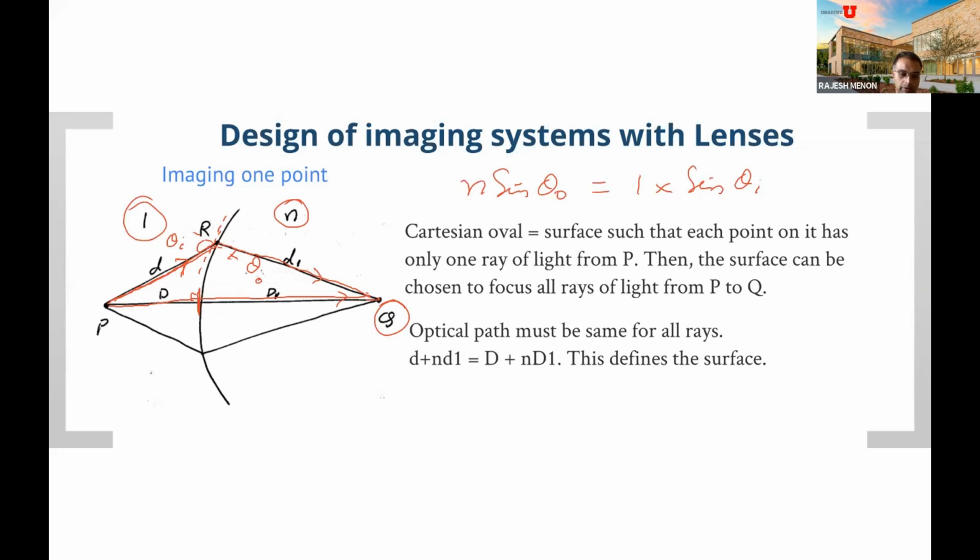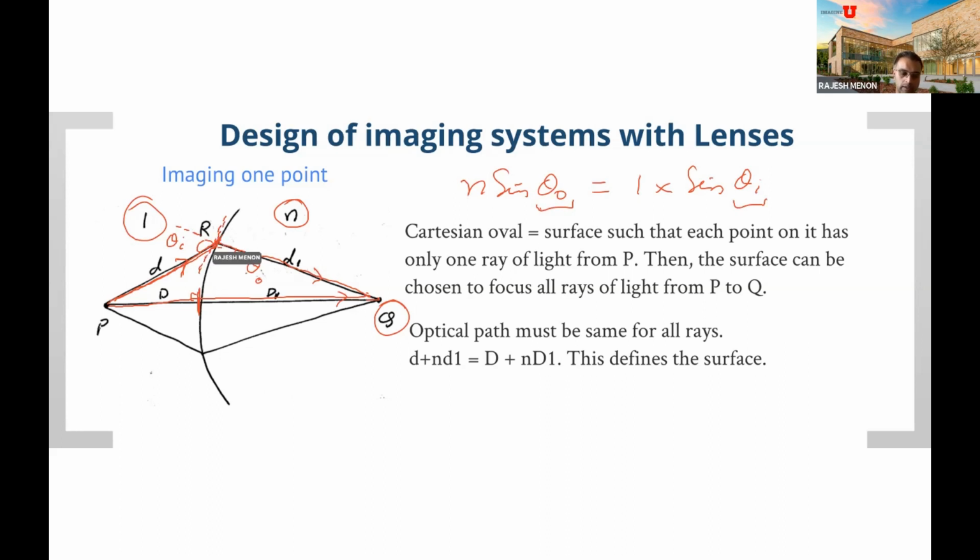Now, from this equation and the fact that theta O and theta I are defined with respect to the normal, that defines the normal to the surface. But the definition of the normal to the surface automatically defines the tangent to the surface, or the surface itself.